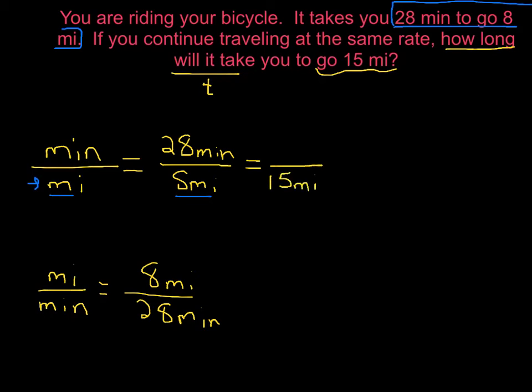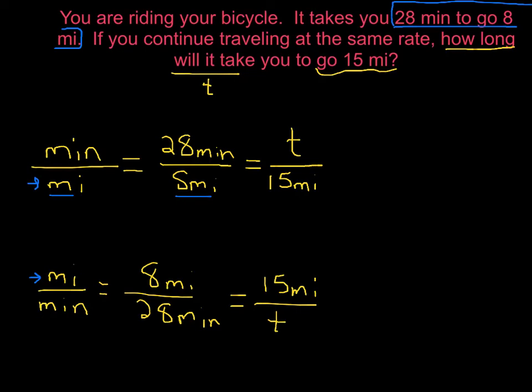And then we're solving for how many minutes. But then down here, if we were consistent with our miles, miles are in the numerator, so that means our 15 miles would be on top and then time on the bottom. So it doesn't matter how you set it up as long as you're consistent throughout, and you'll get the same answer either way.